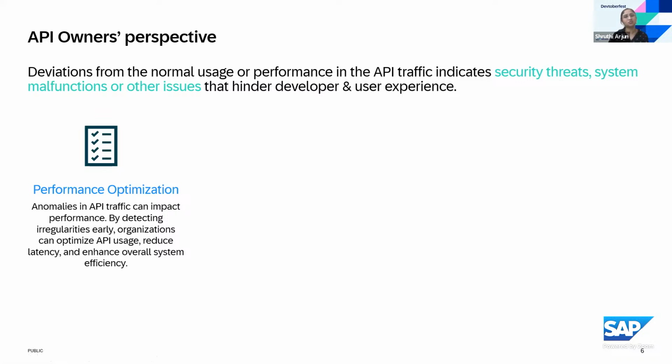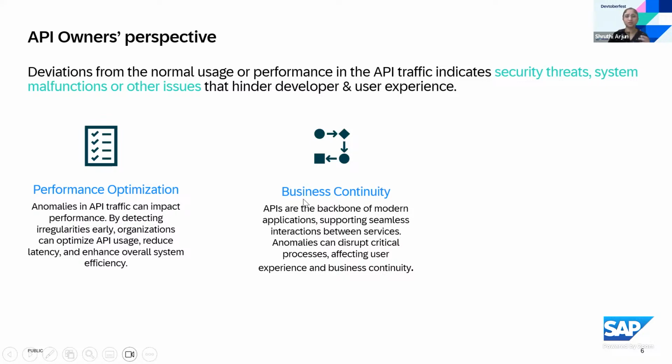Maybe there is a need to build a cache. Maybe the traffic load is extremely high, and in order to comply with whatever SLAs are defined, maybe load balancing needs to be done. So from the performance standpoint, API owners care deeply and would like to identify any kind of deviation.